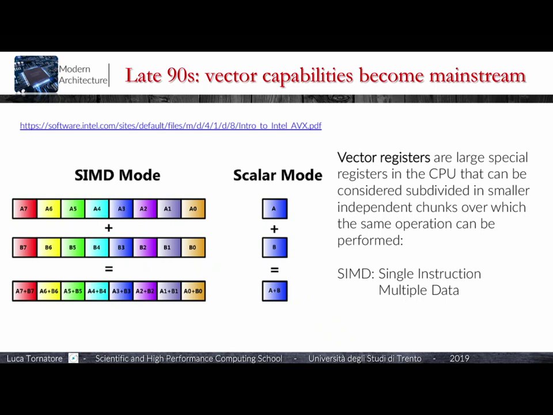In a vector register, instead, these chunks are independent. You have different instructions. You can use this register as a whole enormous one, but actually not, because you have fixed types: 8 bytes for a double, or 10 bytes for a long double, and so on.